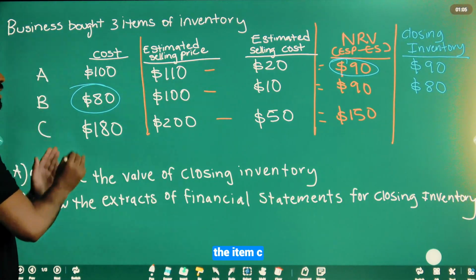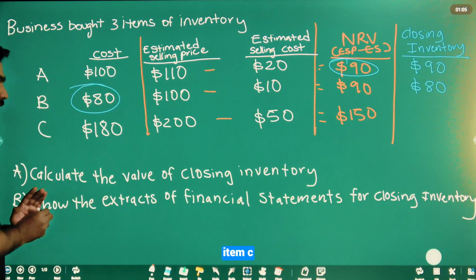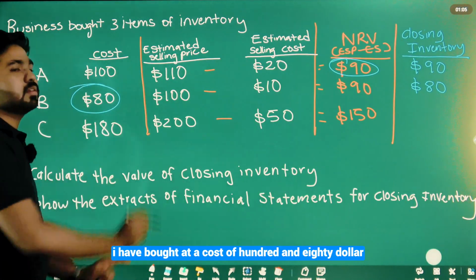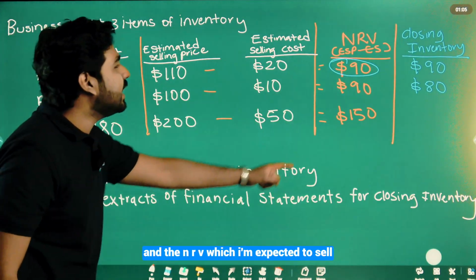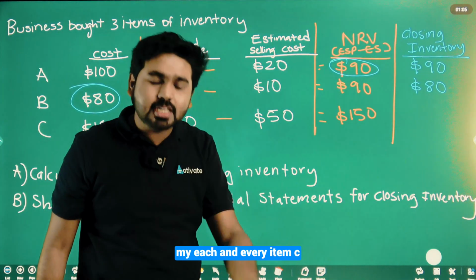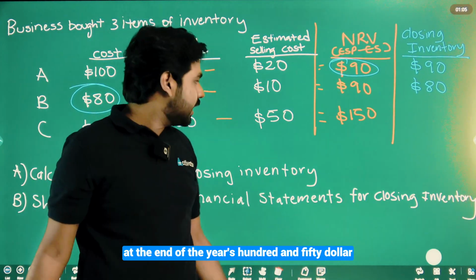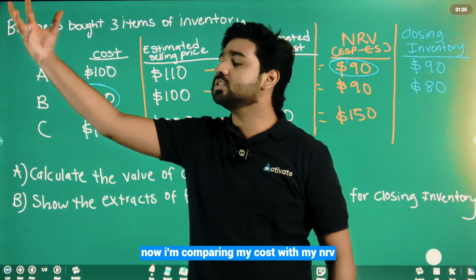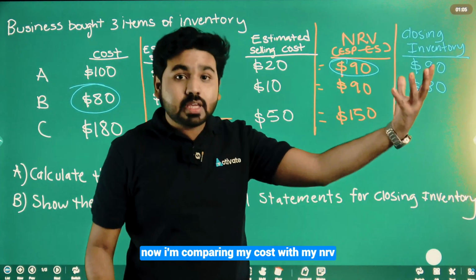the item C. Item C, I have bought at a cost of $180. And the NRV, at which I'm expected to sell each and every item C at the end of the year, is $150. Now I'm comparing my cost with my NRV.